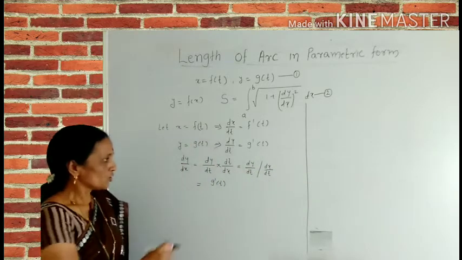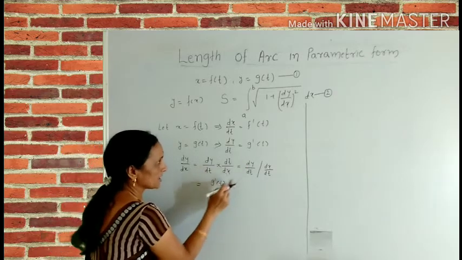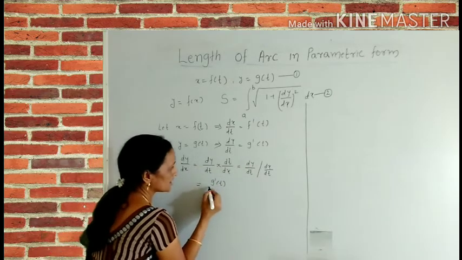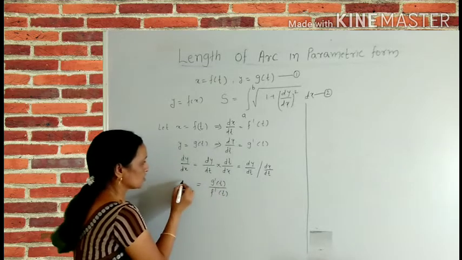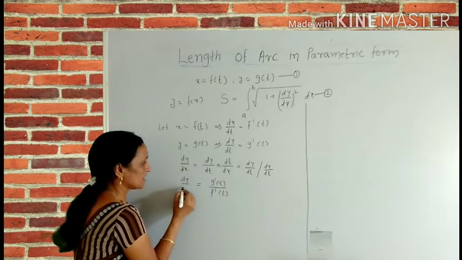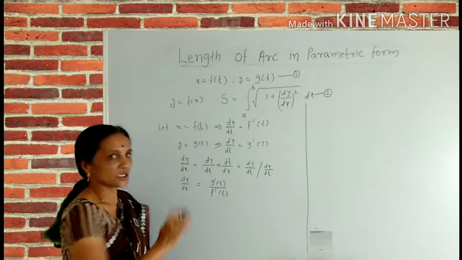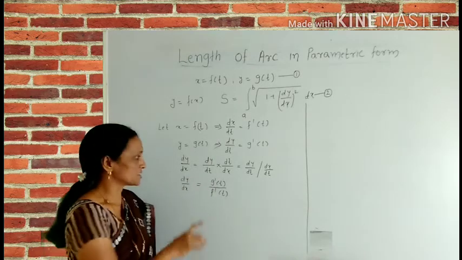And so we write dy/dt is g'(t) and dx/dt is f'(t), which means we find dy/dx is g'(t) divided by f'(t).